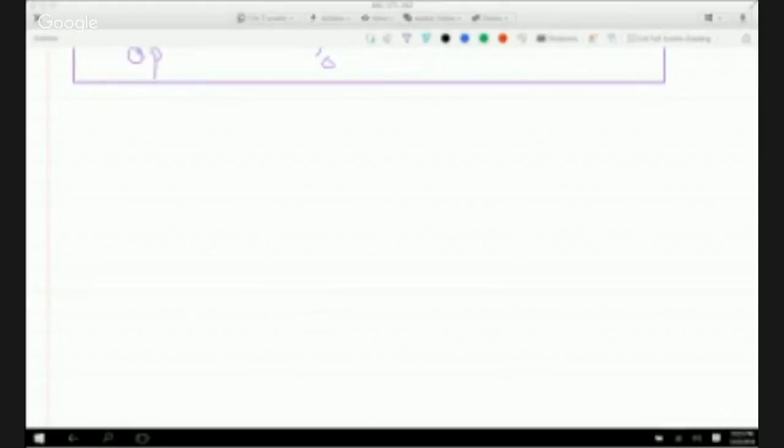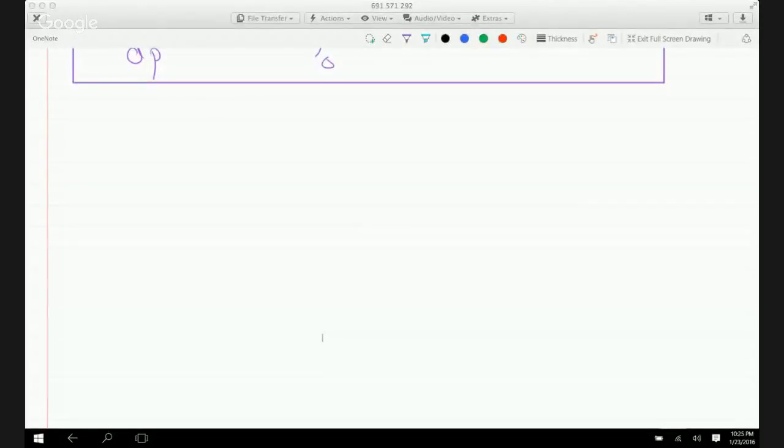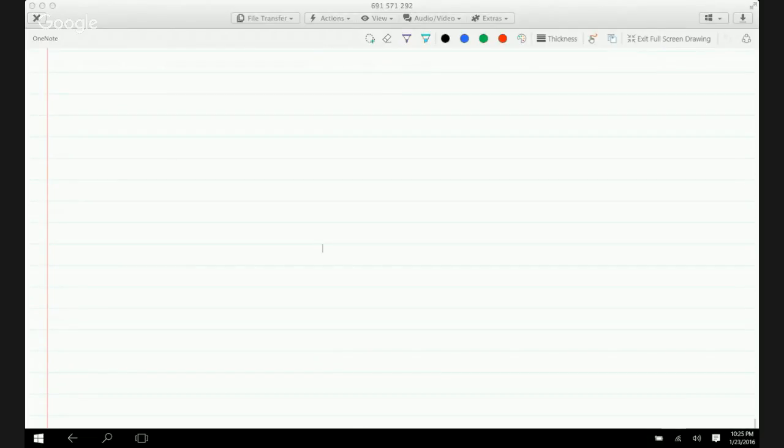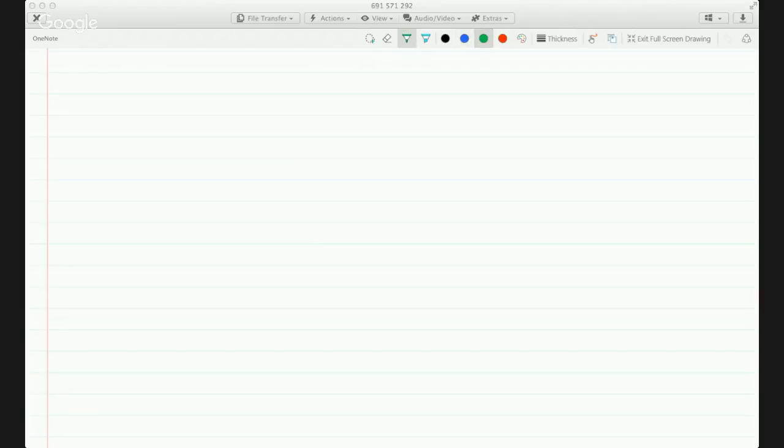We're trying to prove the beta function, right? So this is section 6.